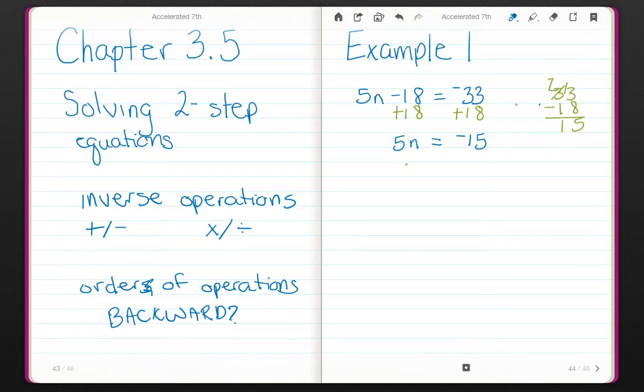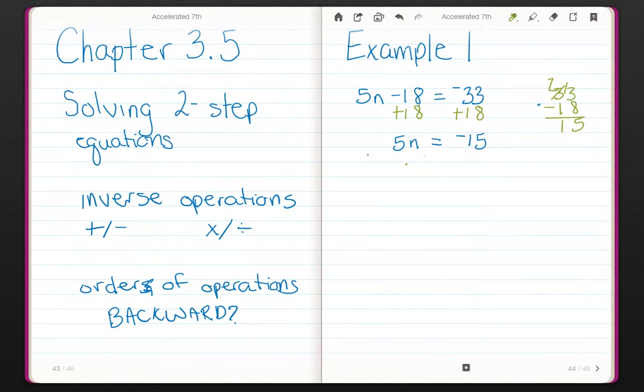Remember, it's negative because negative 33 has the greater absolute value. Since it is a negative plus a positive, I'm going to keep the sign with the greater absolute value, which is negative. So now I've used inverse operations to isolate and get 5n by itself.